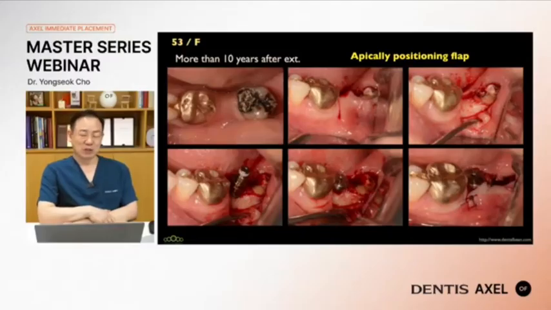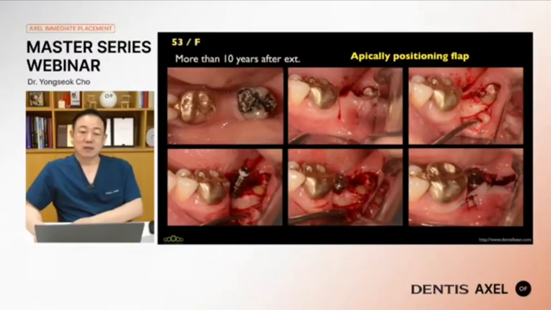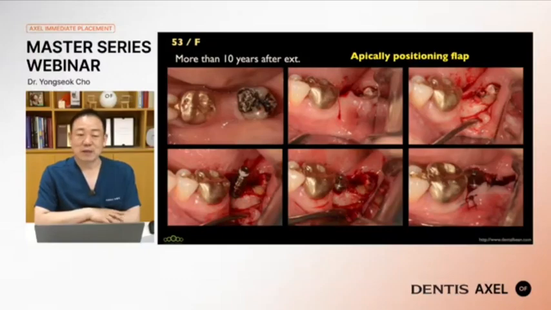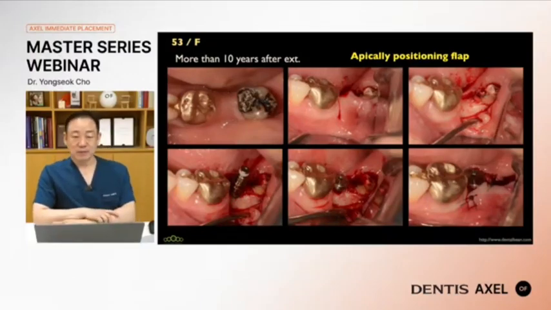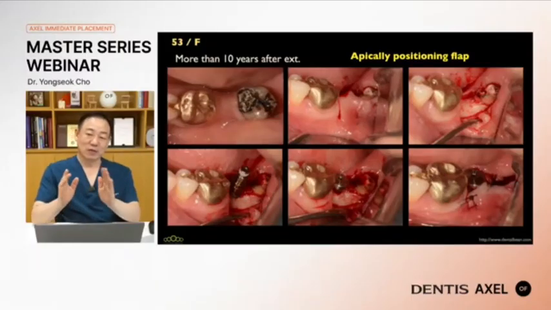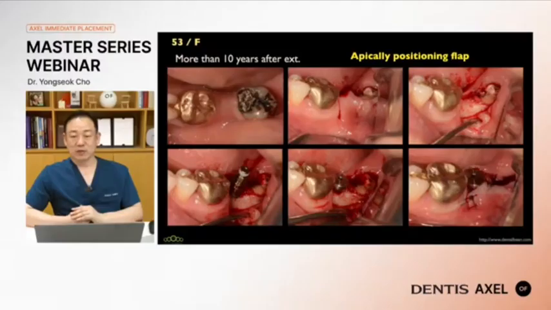So not always do I consider a free gingival graft. This case was a delayed, late implant surgery case, about 10 years after extraction. As a result, around the number 7 site, the ridge is narrowed and there is a lack of attached gingiva. I tried a papilla saving vertical incision, and after placing the implant, an apically positioning suture was done.